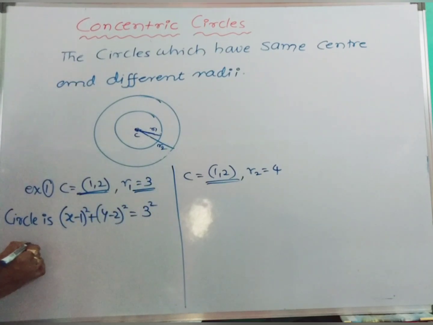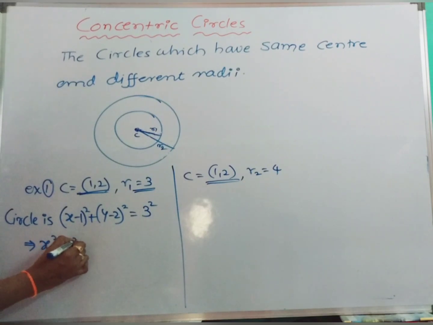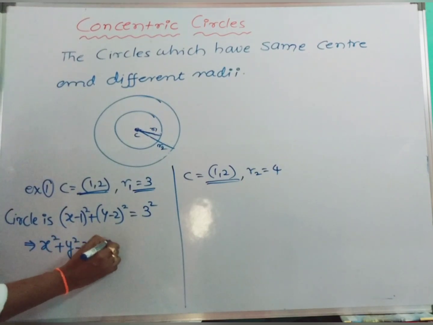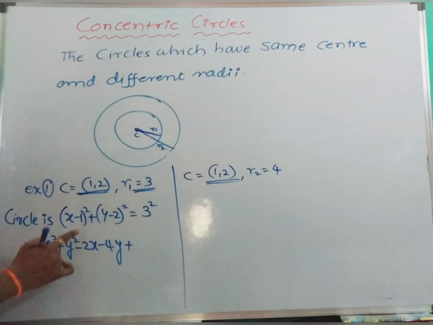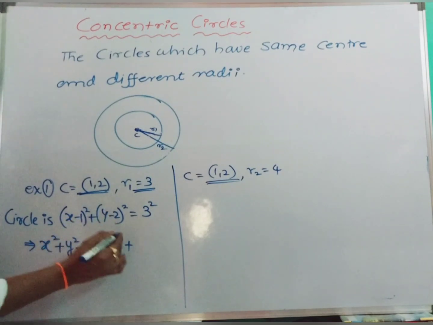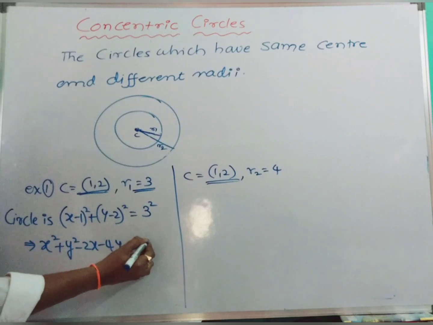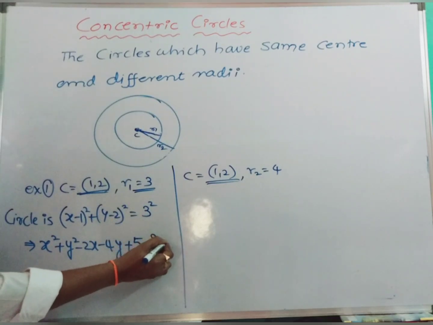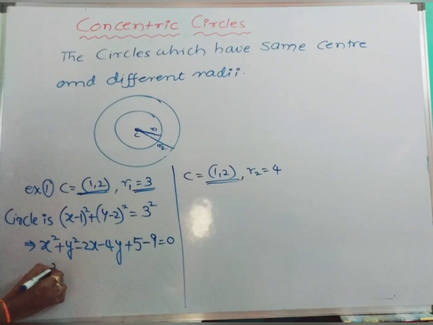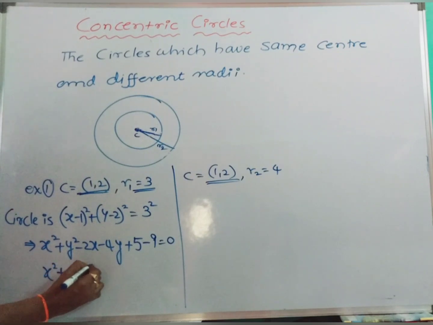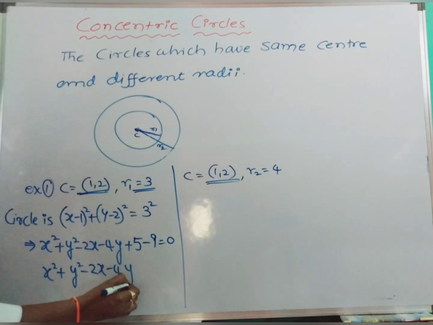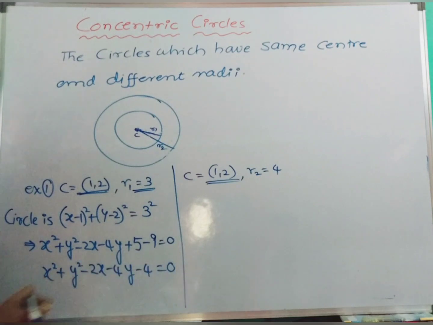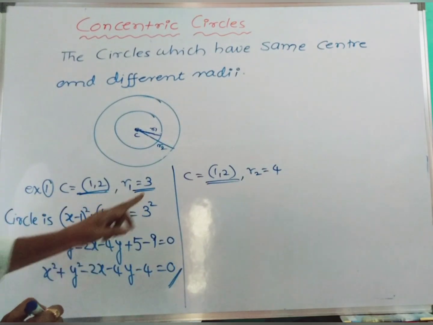If you expand this, x square plus y square minus 2x minus 4y plus 1 square plus 2 square, that is 5, minus 9 equals 0. So x square plus y square minus 2x minus 4y minus 4 equals 0. This is the equation of the circle with center (1, 2) and radius 3 units.